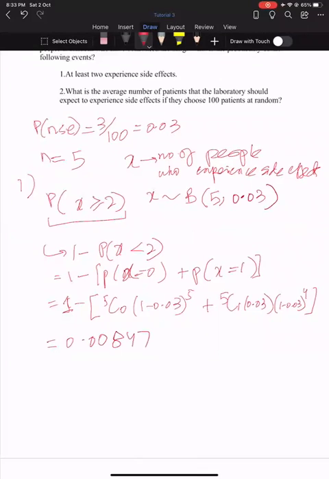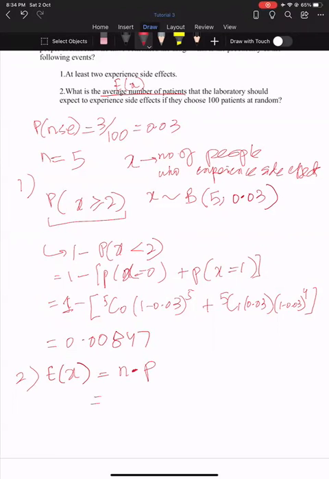Then we have, what is the average number of patients that the laboratory should expect to experience side effects if they choose 100 patients at random? Okay, average number of patients. So you know that they're asking for the expected value of x. And we know that in binomial, the expected value is n independent trials times probability of success.